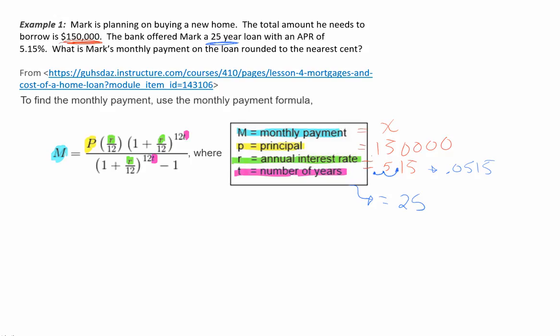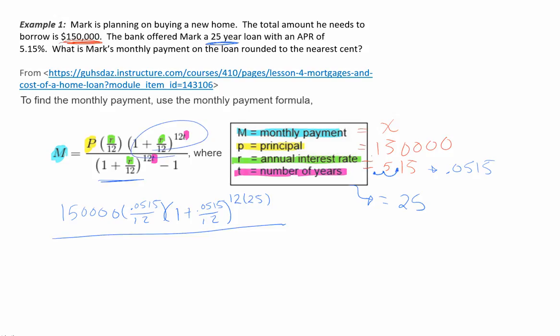All right, so now what we need to do is set it up in the formula, but we're actually going to break it up. You notice that P is already by itself, so I'm just going to have 150,000 times R, which is 0.0515 divided by 12. Then I'm going to take 1 plus that same 0.0515 divided by 12, all raised to the 12 times 25 power, because that's T. And then we're going to divide that, and you see how this is the same as that.